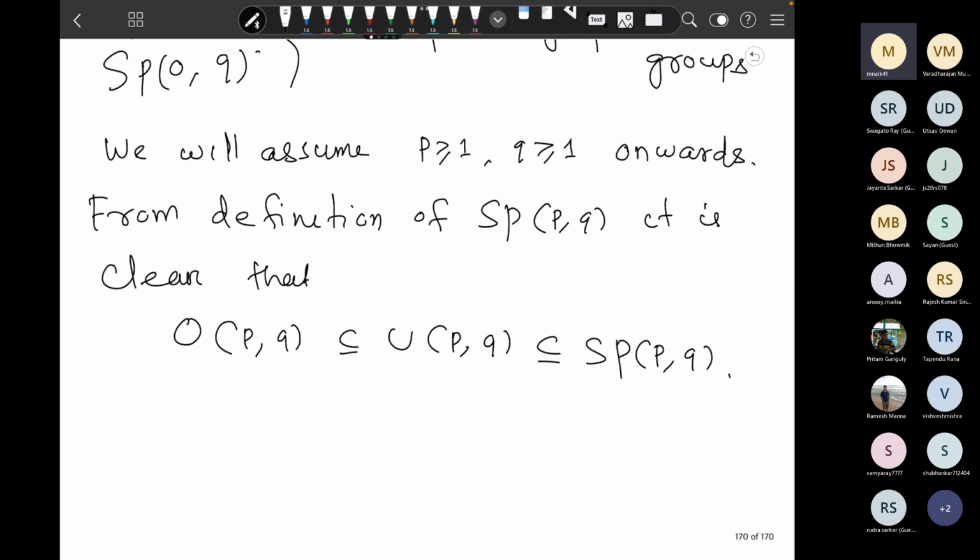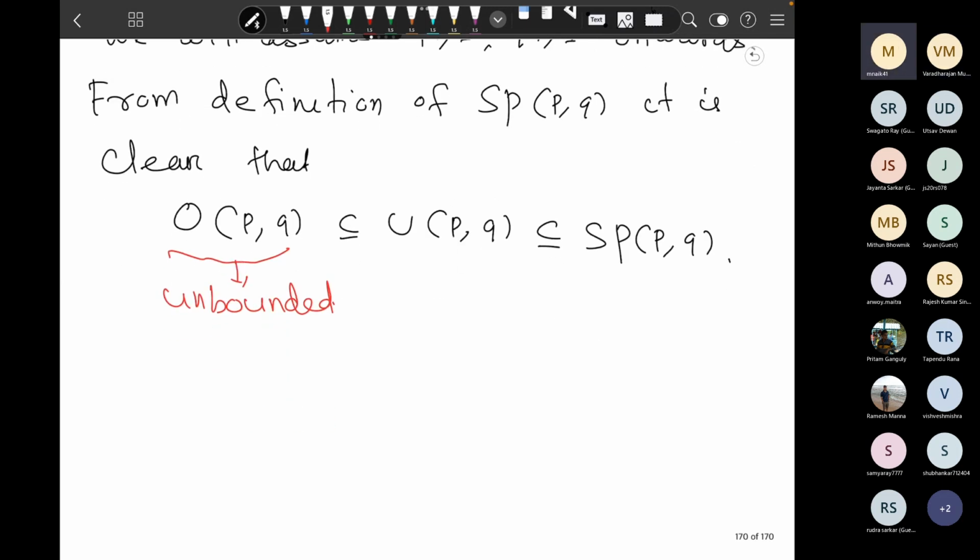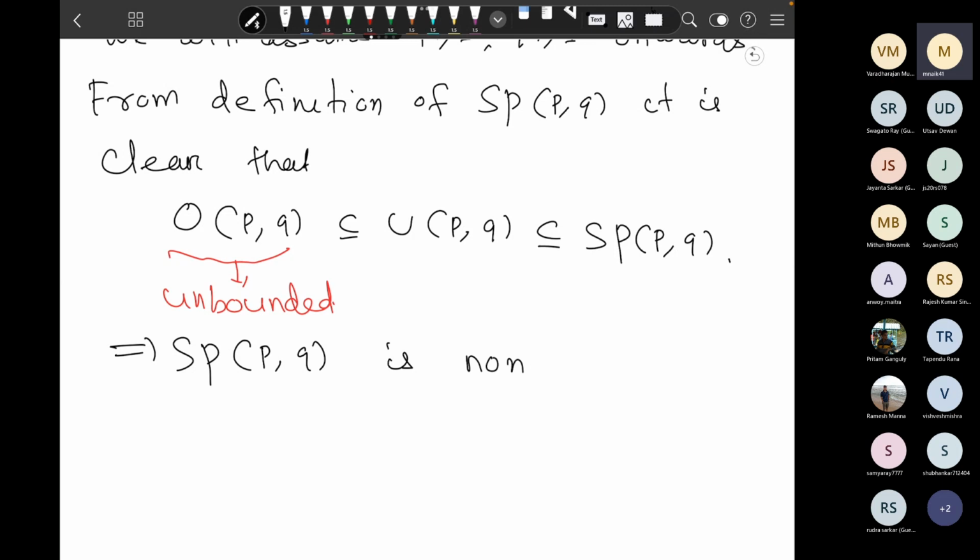Since this is unbounded, this implies SP(P,Q) is non-compact.